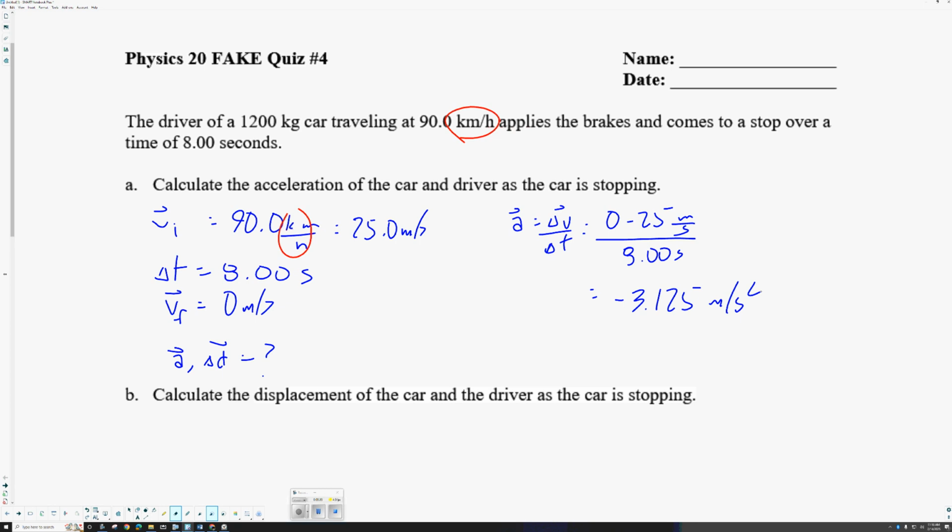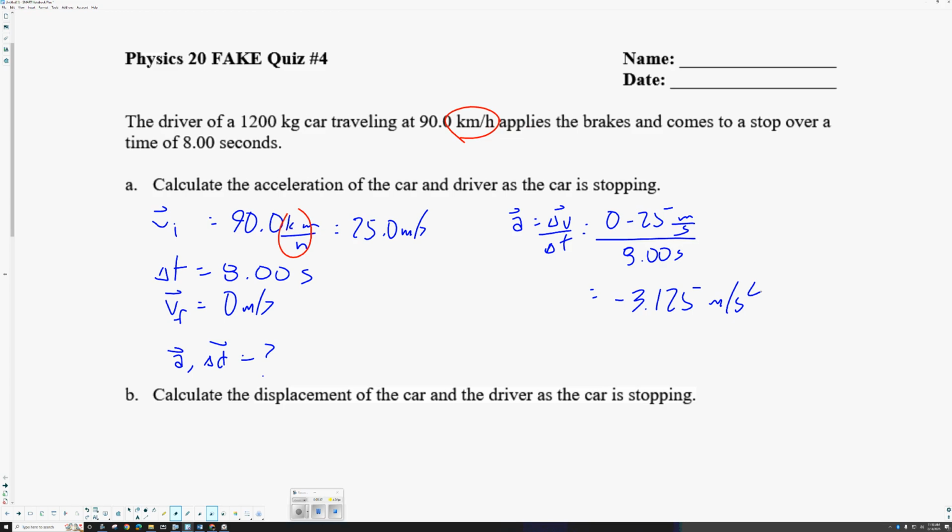Math is elegant. You might not like math, that's fair enough, but you have to appreciate sometimes how math just works. The math tells me it's negative, and guess what happens in the real world? It's decelerating.